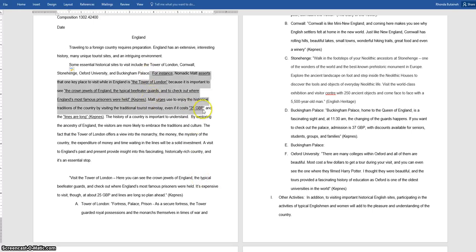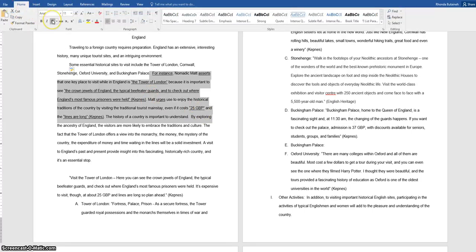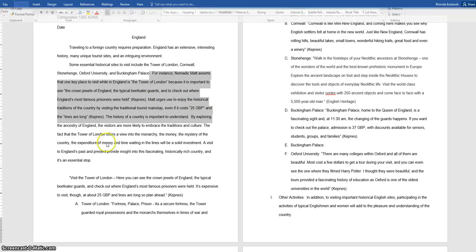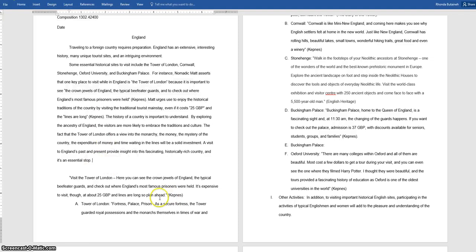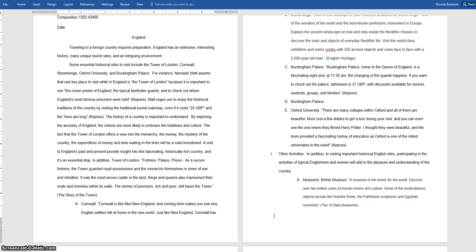Now when I write my essay, I would not have words underlined. Okay, then I would have my next piece of evidence here. In addition, oh, this is one I already talked about. So I would talk about this piece of evidence and get rid of that.